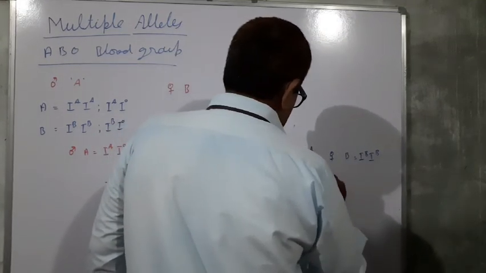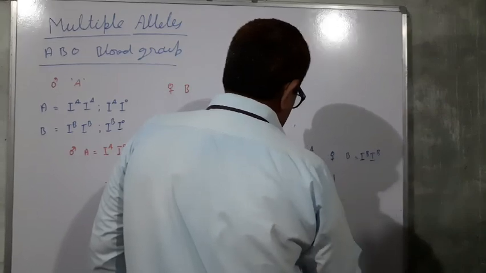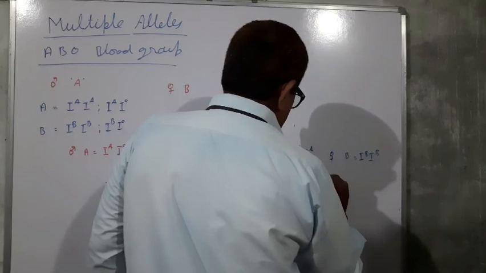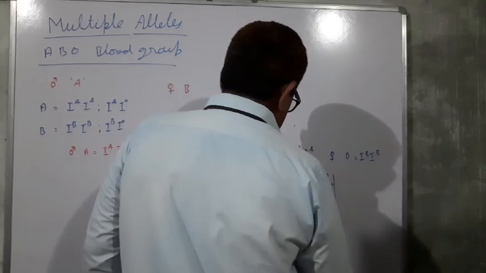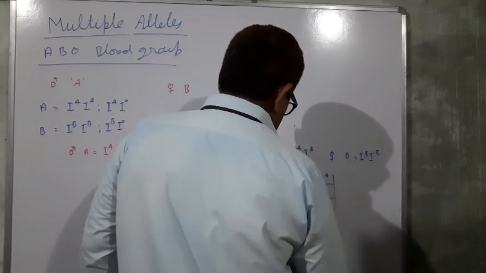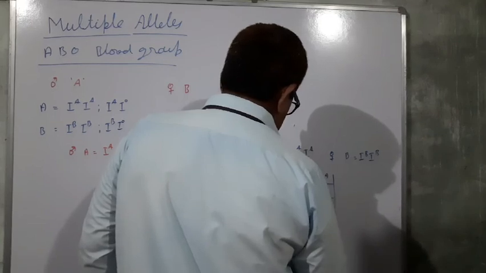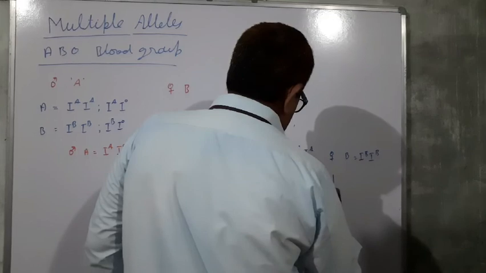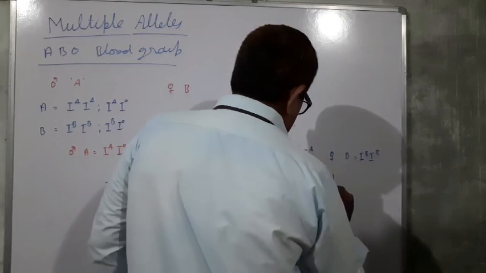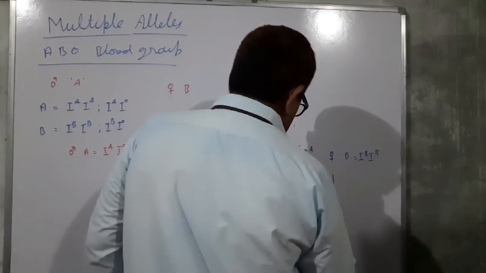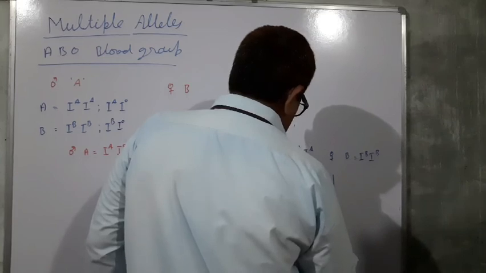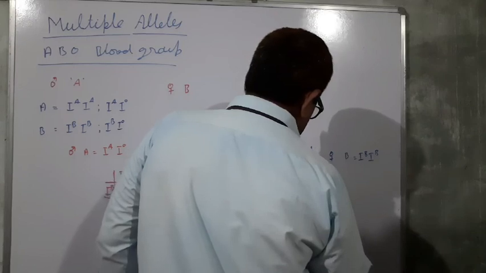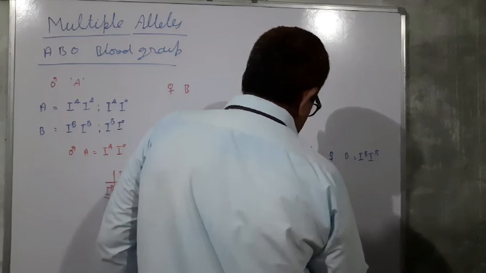You make the checkerboard here, with IA and IA on one side and IB and IB on the other. In this situation, IA and IB in every box.